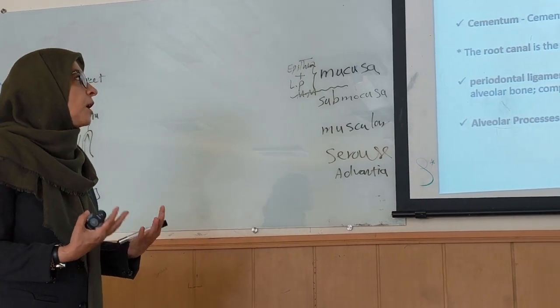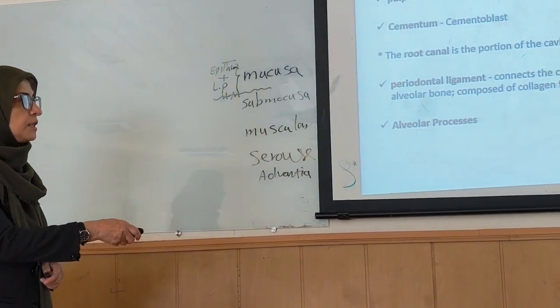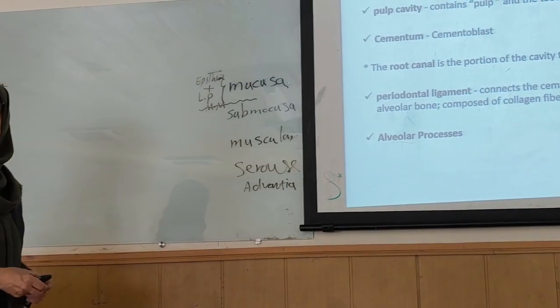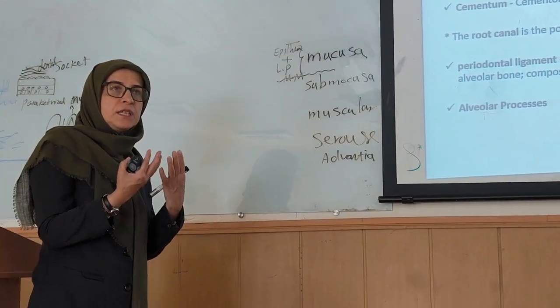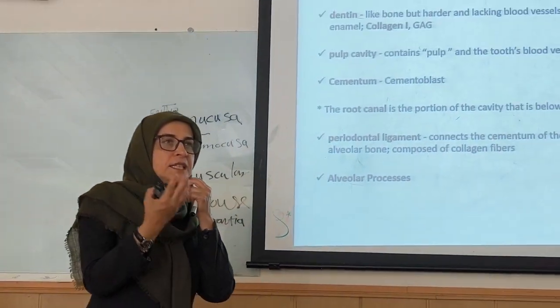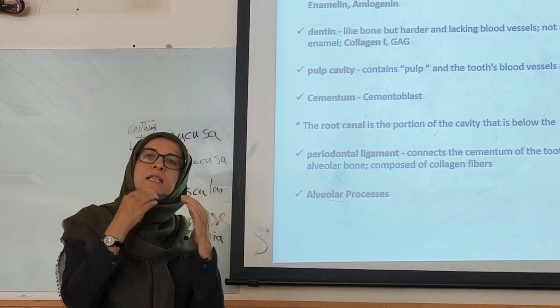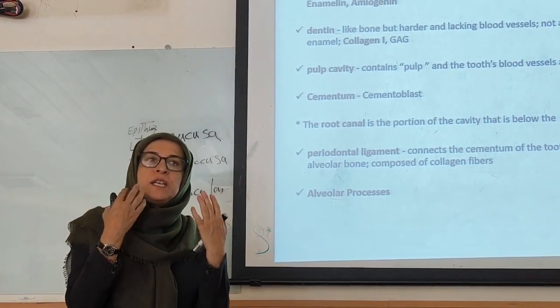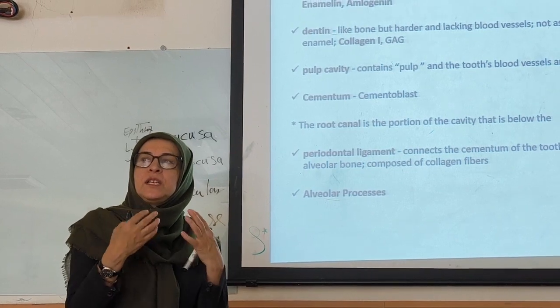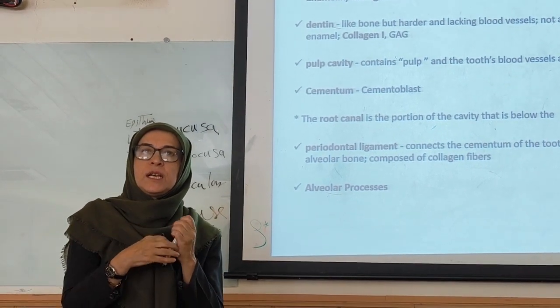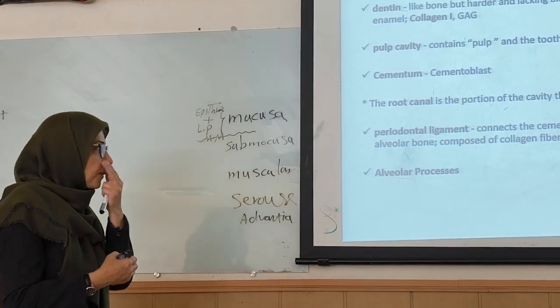The enamel is harder than the others. Enamel is only in the crown. The blue color is dentin. The sense of the teeth, such as pain and sensitivity, relates to the dentin, because the innervation of the dentin is very rich in the teeth.